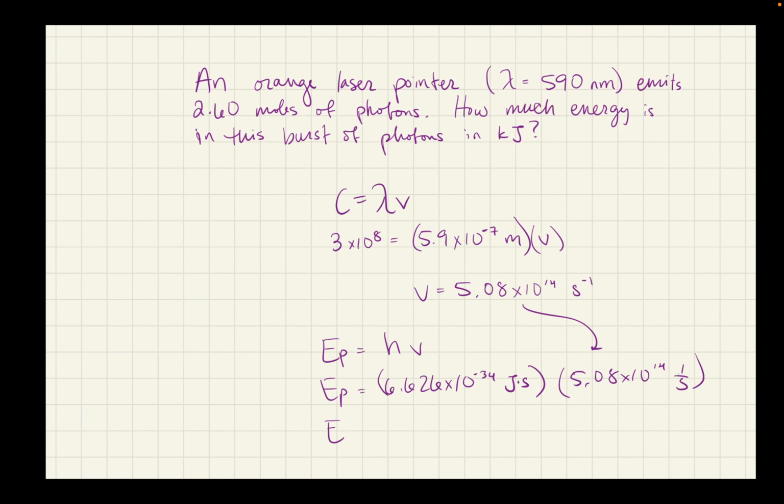And we get that the energy of a single orange photon is 3.37 times 10 to the negative 19th joules. Try your best to not round throughout the problem. I know I wrote rounded answers, but I have them all in my calculator.